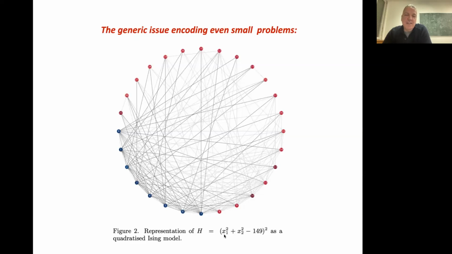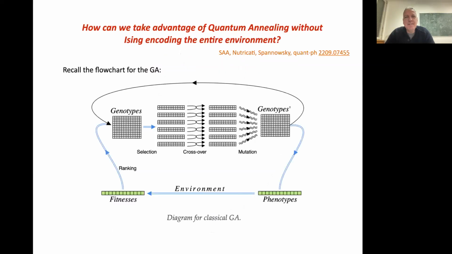So when I'm encoding these things, I need a lot of auxiliary qubits to make it a quadratic spin Hamiltonian. That's why I need 22 of them for this particular problem. So I'd say this is a generic issue with quantum annealers, how hard it is to encode problems.